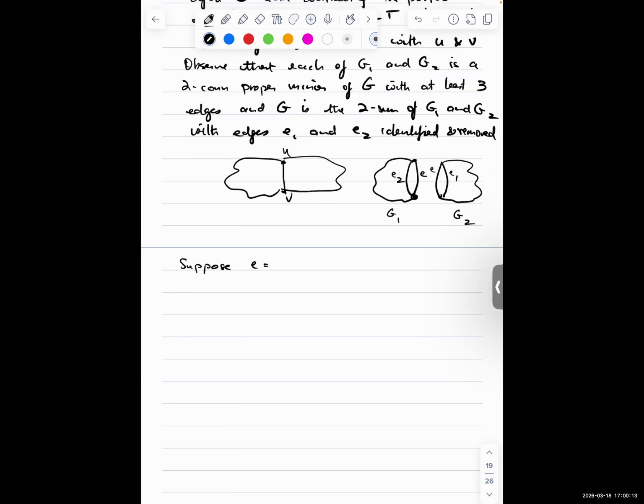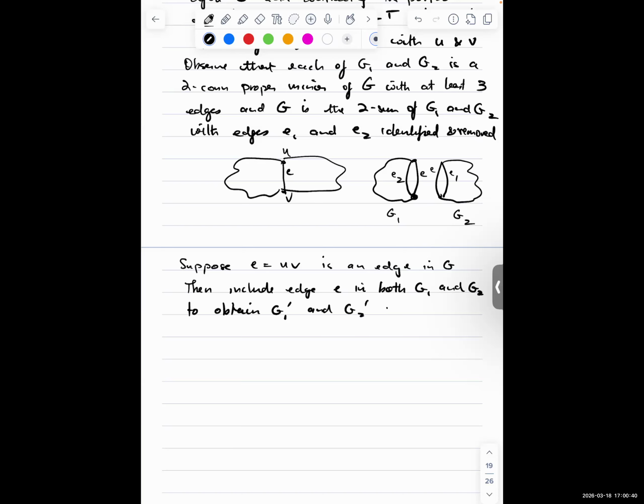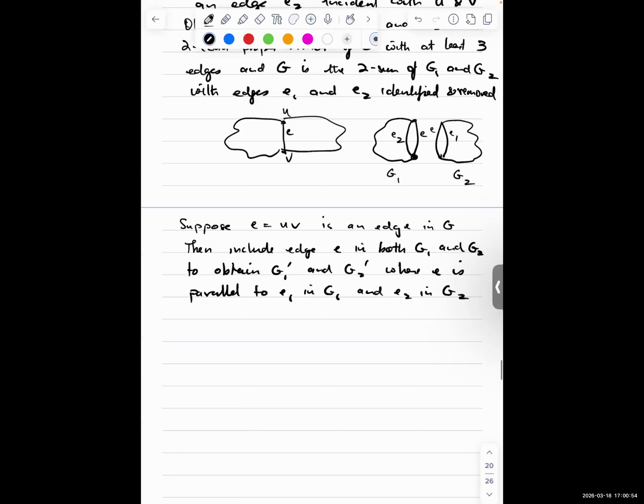Suppose E equals UV is an edge in G, with not E identified and removed, but E1 and E2 identified and removed.